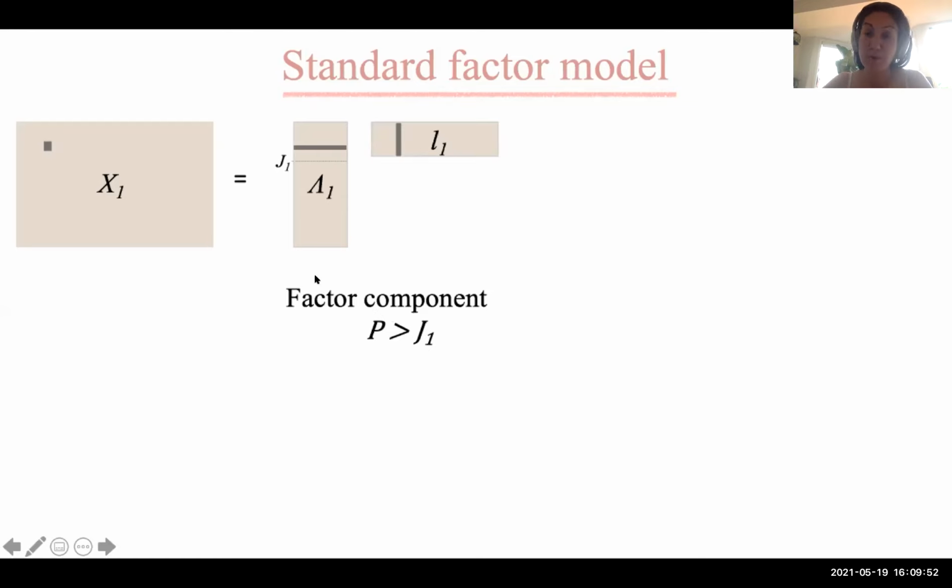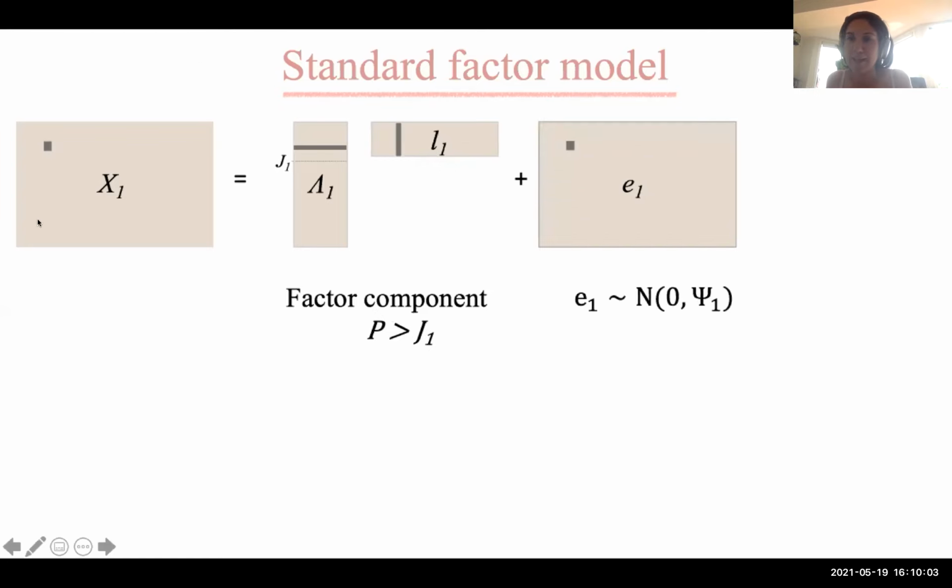So lambda here is pretty important because it measures the influence that each latent factor, L1, will have on the observed variables. And finally, as in the normal model, we have the model plus the error component. And this is the error component that is normally distributed with mean 0 and with covariance structure psi 1.